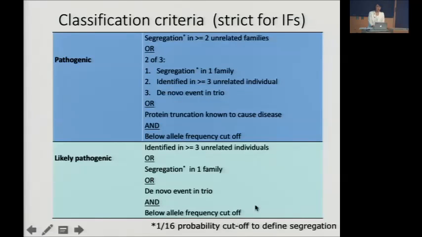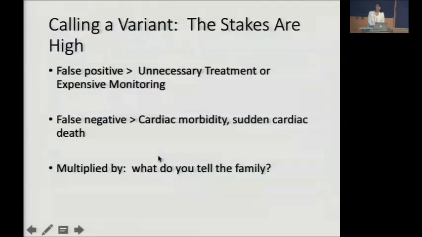And so these are the criteria that we used. It either had to be a disruptive variant, which would be predicted to severely interfere with the protein function, or show segregation, or have independent confirmation in multiple affected people. Okay, I'm going to skip this. And we know that interpretation of a variant is clinically important, and the stakes are high.